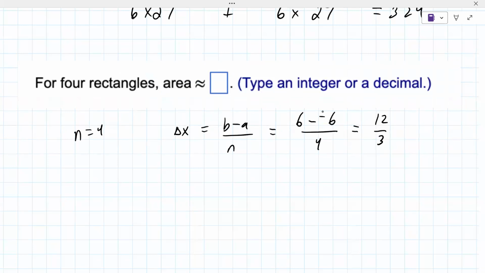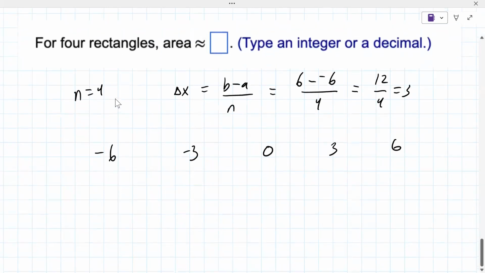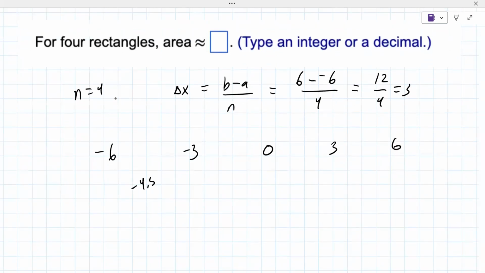This time 12 over 4 is 3. You start at -6 and go up 3, that's -3. Up 3 again is 0, up 3 again is 3, up 3 again is 6. Now you need 4 midpoints: minus 4.5, minus 1.5, 1.5, and 4.5.